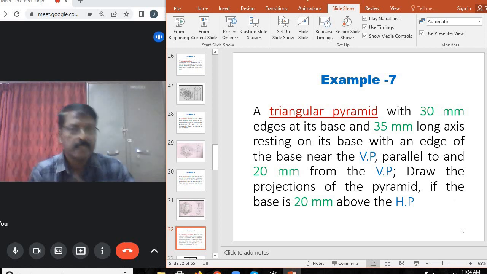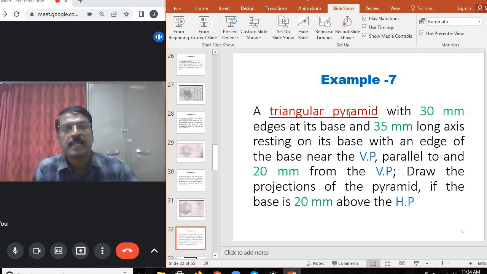What is the object in this problem? Triangular pyramid. So for a pyramid, first understand whether it is a prism or pyramid, then which type of pyramid or prism. Here the object is a pyramid. A pyramid consists of one base, one vertex and a number of triangular faces. That imagination you should have immediately after reading the object.